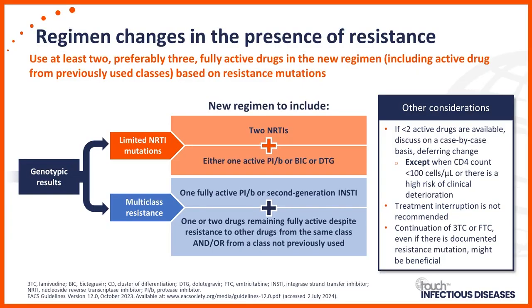More complex is the situation if you have multi-class resistance, if you have a lot of failures in the past. One of the milestones in this scenario is to use 1 fully active boosted PI together with a second generation integrase inhibitor, or it can be the situation where you have only 1 or 2 fully active drugs and you have to combine these fully active drugs with the residual activity of other remaining drugs.